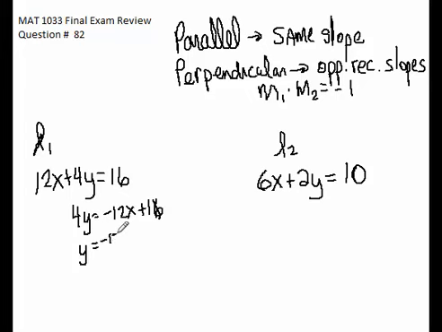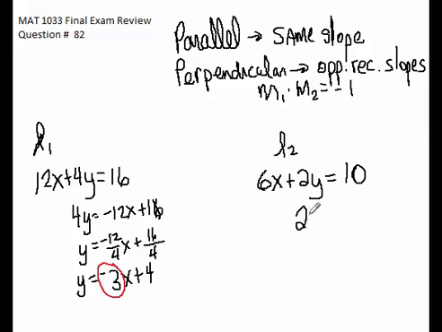So I'm going to isolate y. Y is equal to -12 over 4 x plus 16 over 4. Y is equal to -3x plus 4. So the slope of the first line is -3. Okay, that's line 1. Then I'm going to do the same thing with line 2.